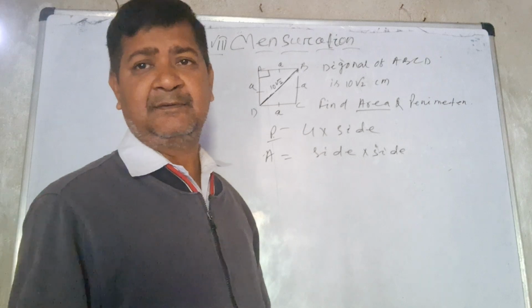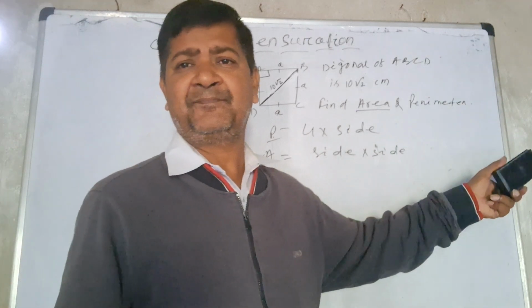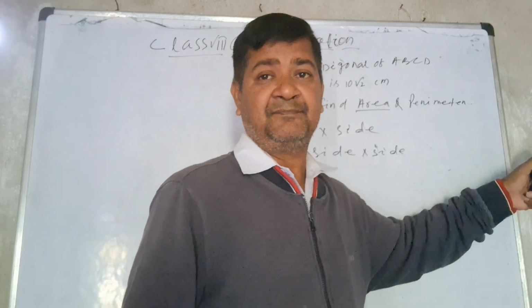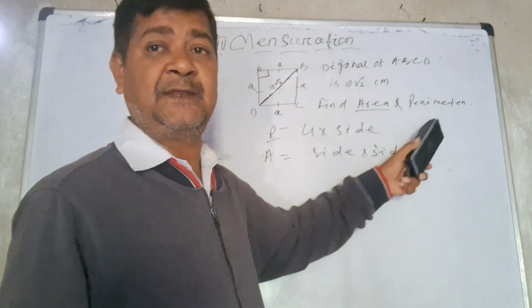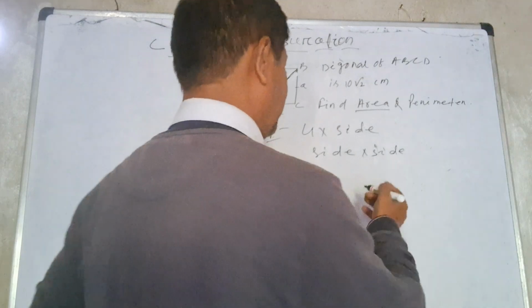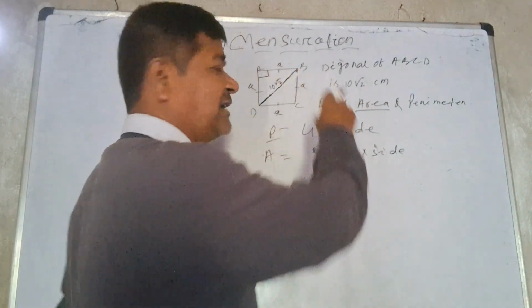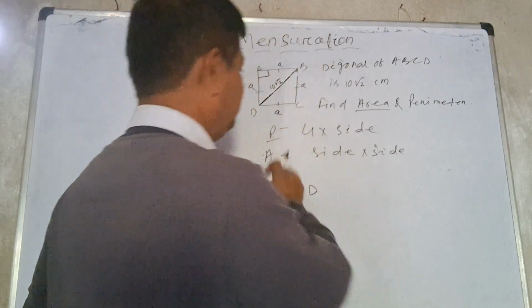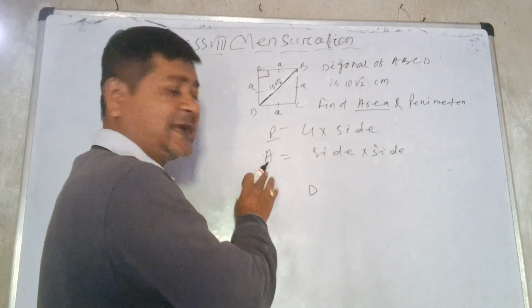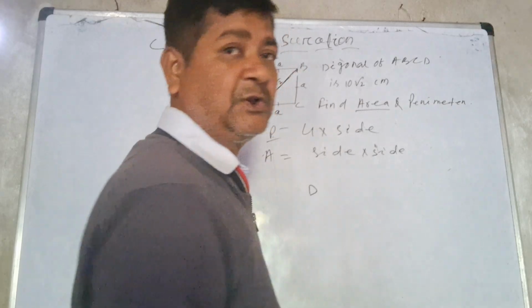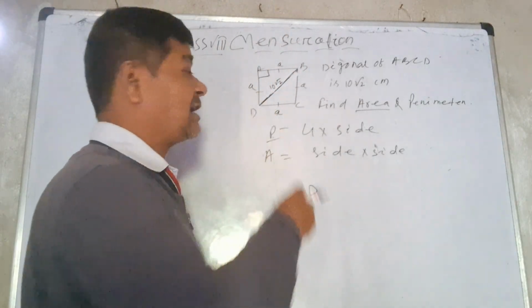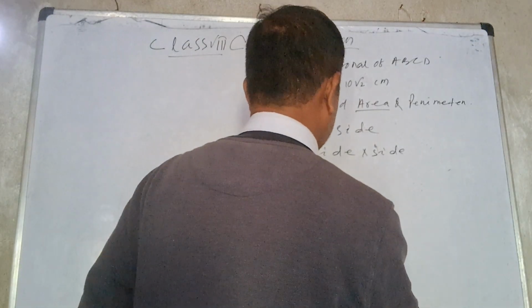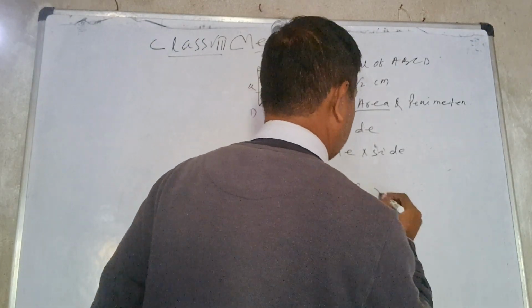How can we find it? Only the diagonal is given. So let's use the previous formula I just told you, the formula about your sides and the diagonal. D stands for diagonal, P for perimeter, A stands for area. D1, D2, you can have two diagonals. Diagonal D equal to root 2 into side.